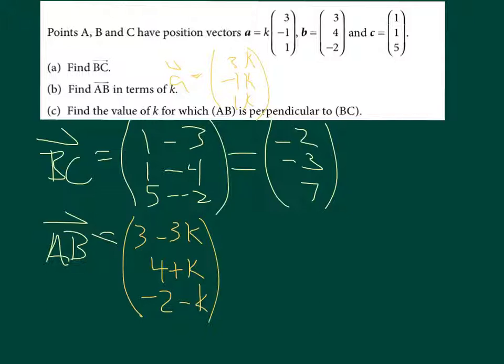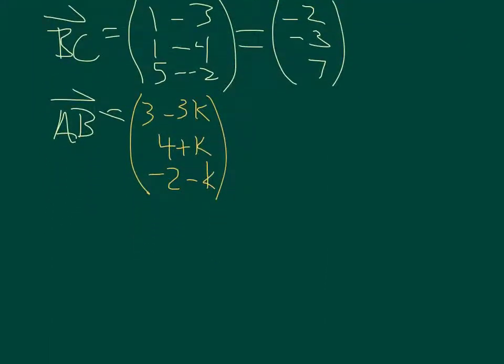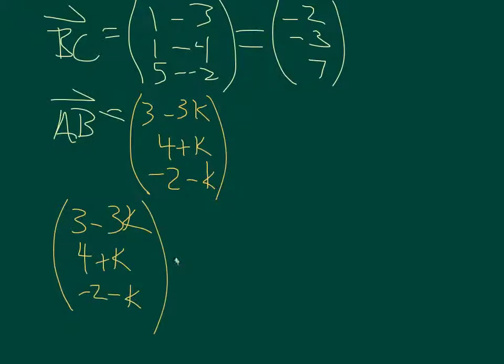And now we start multiplying. So we're trying to find k for which the two vectors are perpendicular. All right, so here we go. We're going to do the dot product of these two vectors. So we're going to do 3 minus 3k, 4 plus k, negative 2 minus k, dotted with negative 2, negative 3, 7.